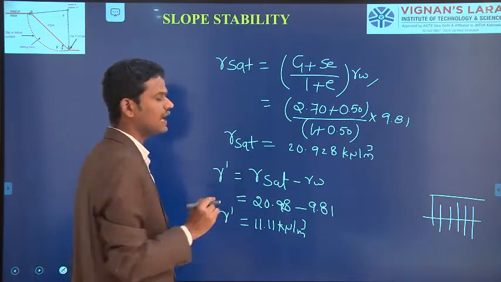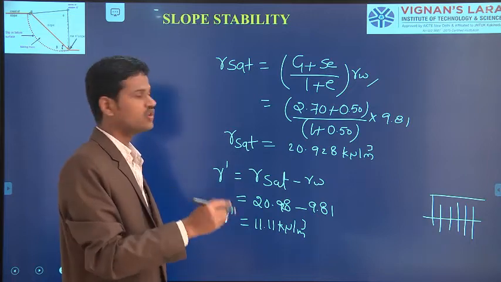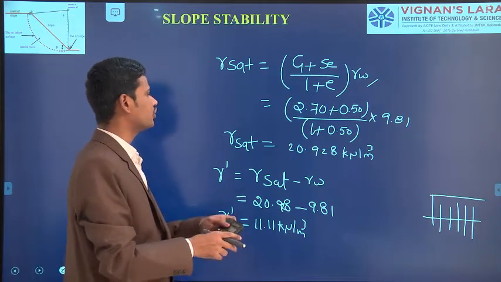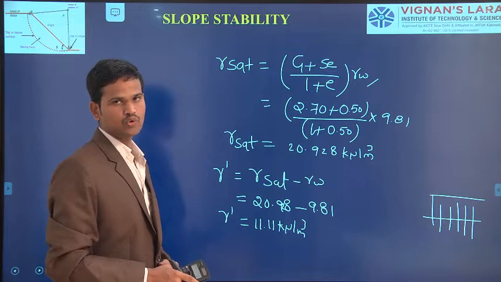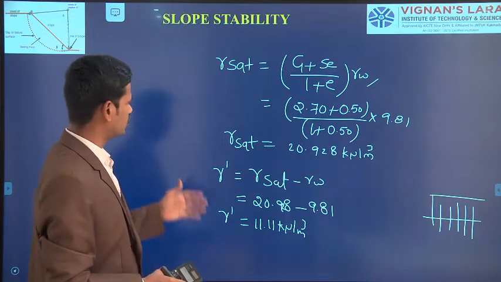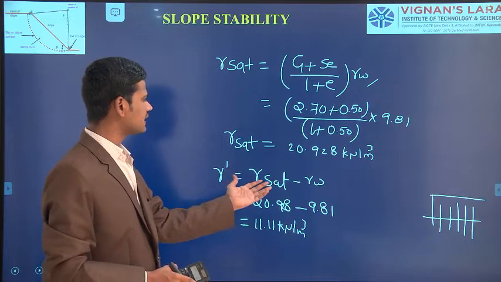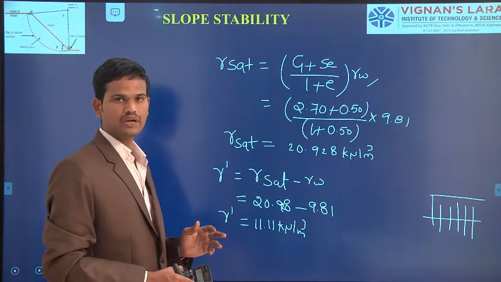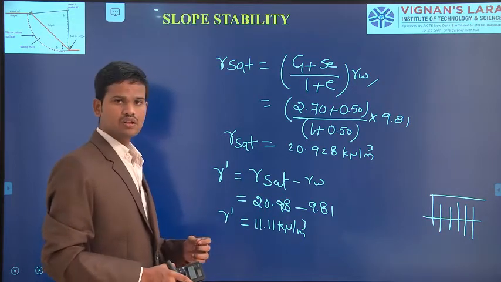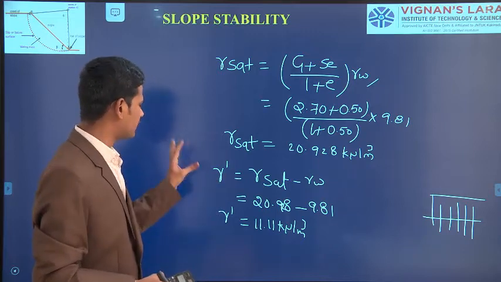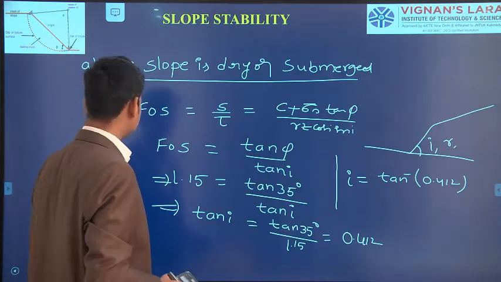By substituting all the parameters in the above formula, we got the saturated unit weight as 20.928 kN per meter cube. By subtracting the unit weight of water from the saturated unit weight, you also get the submerged unit weight. These are the parameters we have already discussed.